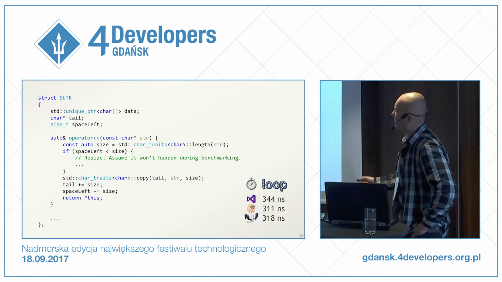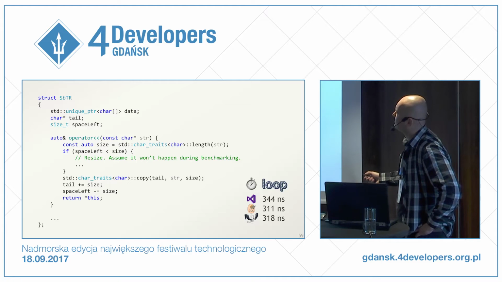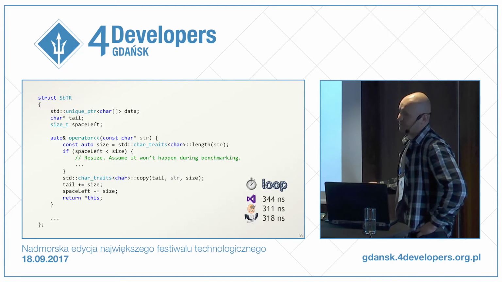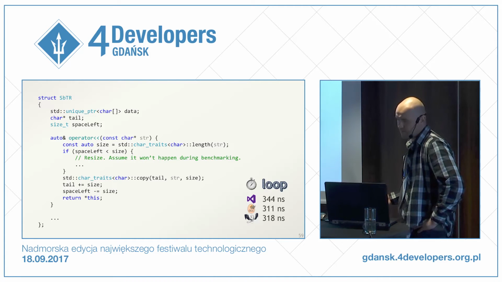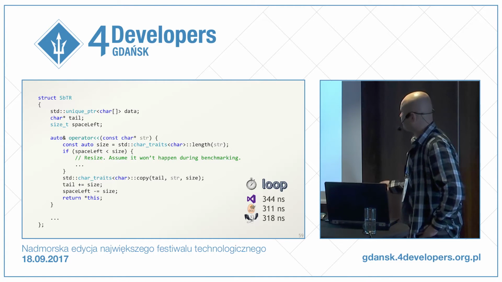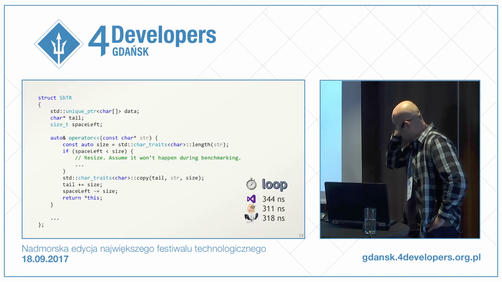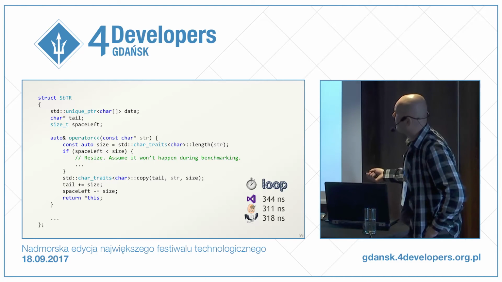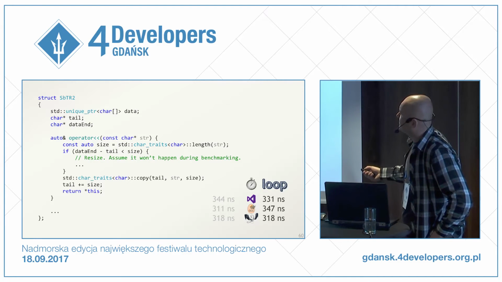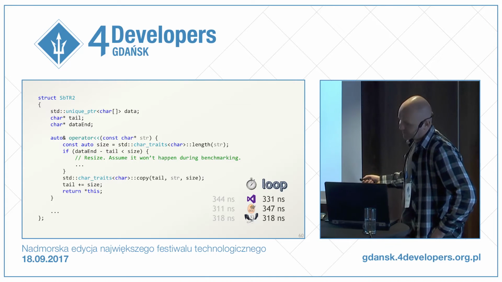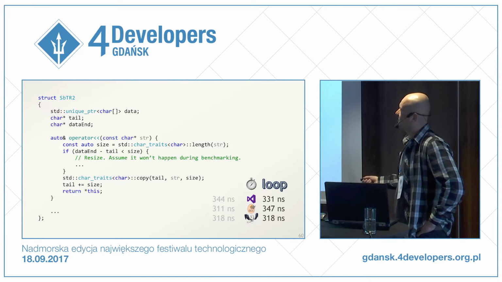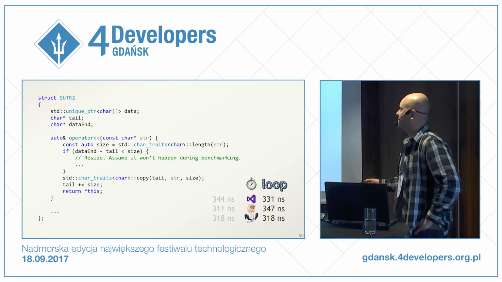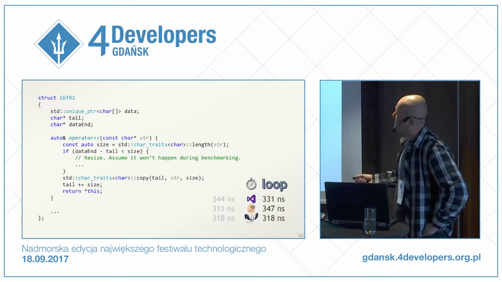It's not so important. What is important, this model here, right? We have a data, we have a tail, we have a space left. Those are the times. Yeah, they look okay. Let's change it. So we have 2 pointers, right? To eliminate the size t, which is unsigned 64-bit integer.